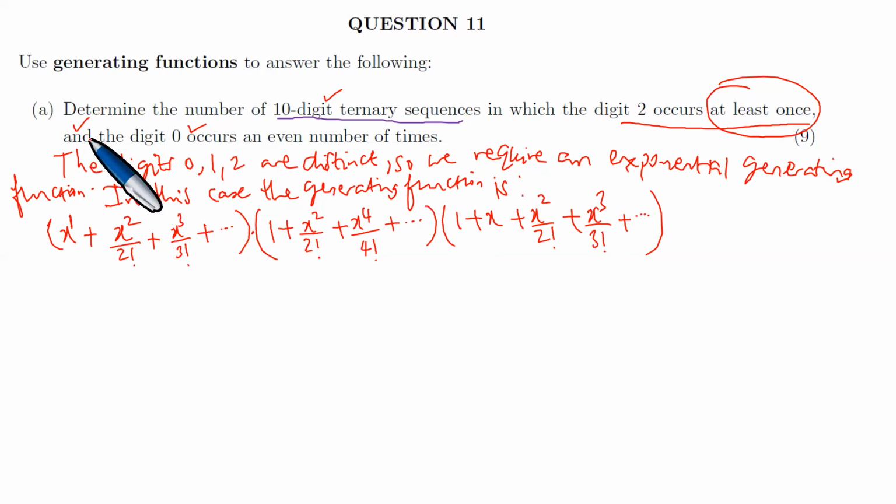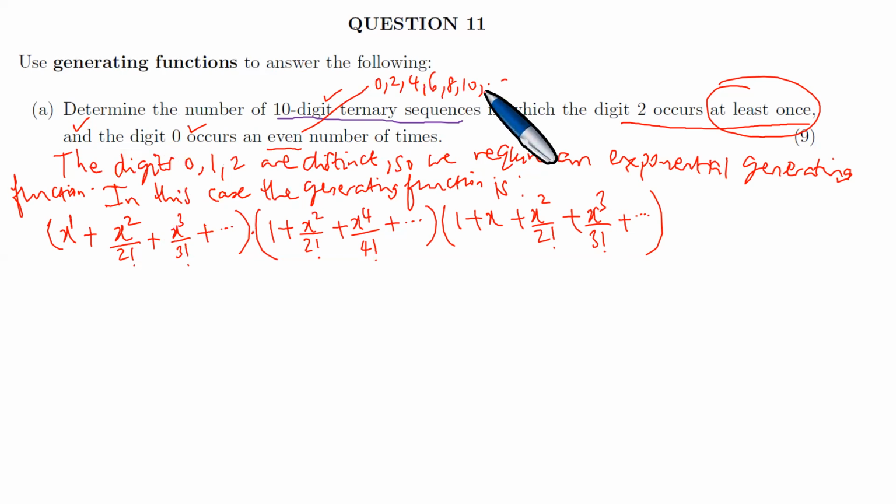Then you continue and say the digit 0 occurs an even number of times. If the digit 0 occurs an even number of times, it means you have even numbers. What are the even numbers? They are 0, 2, 4, 6, 8, 10, and so on.